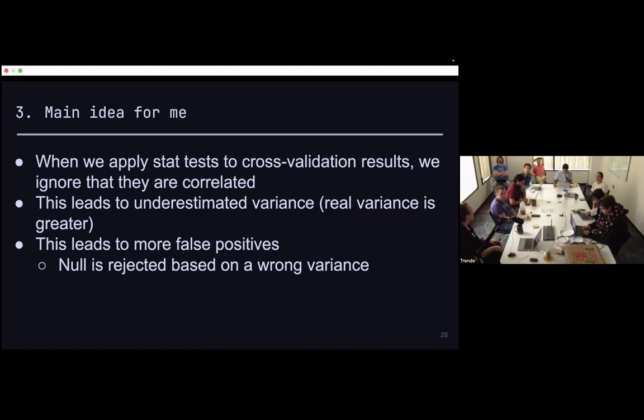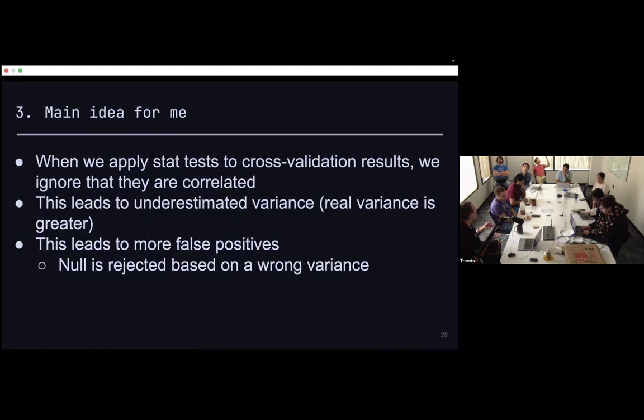So what is it about? Many tests assume that your samples are independent from each other, not correlated in any way. And when you're using cross-validation, there are many folds. You train one model on folds 1 to 4, then you train another model on folds 2 to 5, and so on.